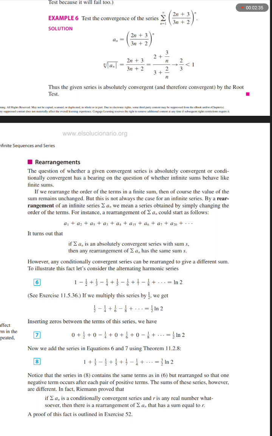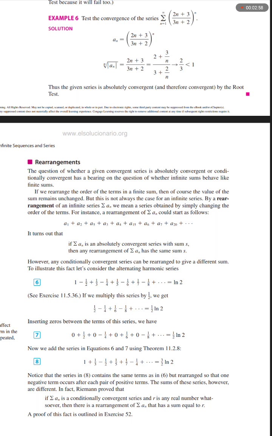It turns out that if the sum of a sub n is an absolutely convergent series with sum s, then any rearrangement of the sum of a sub n has the same sum s.